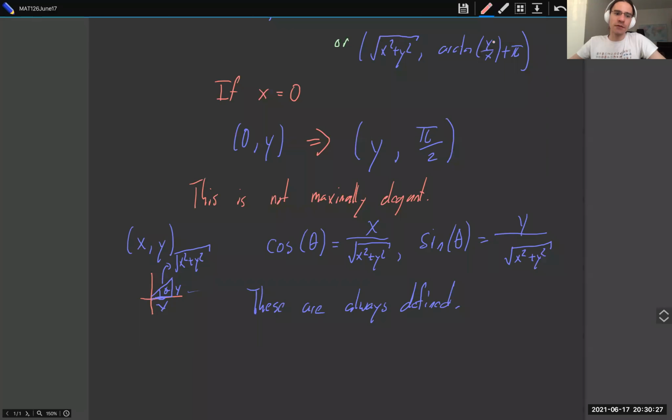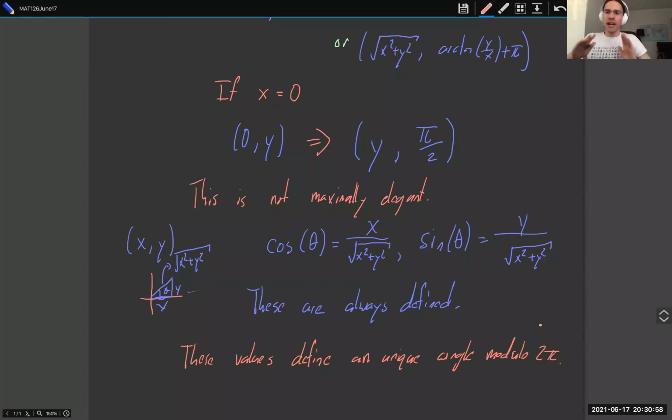And so in general, if you consider a triangle, these values define a unique angle modulo 2 pi. So we can tell the angle up to an additive multiple of 2 pi.